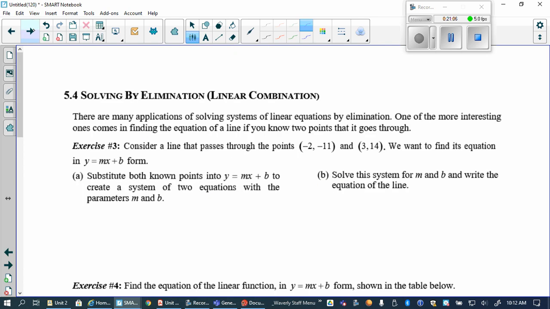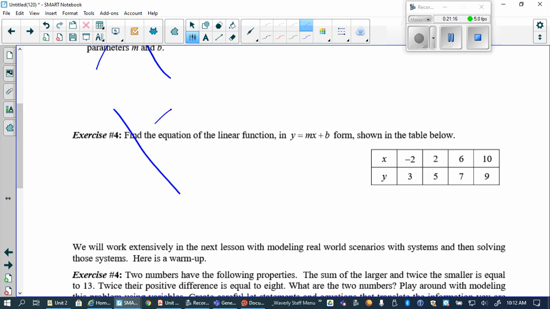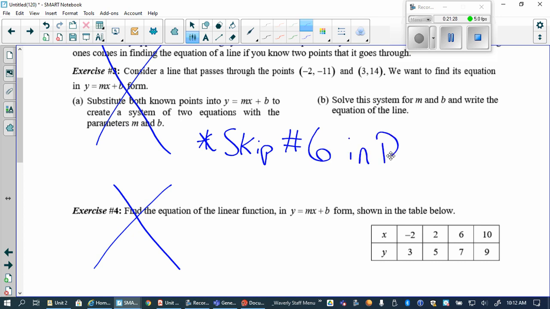Right? Okay, on the next page, I don't really care for exercise 3 or 4. And you want to pay attention to this. Skip number 6 in the problem set.